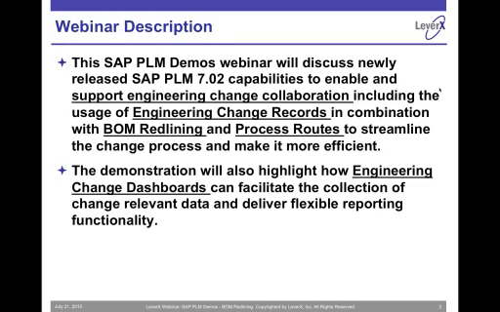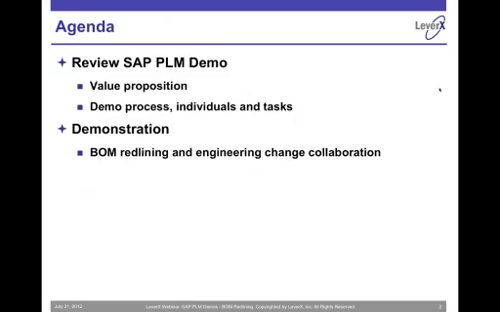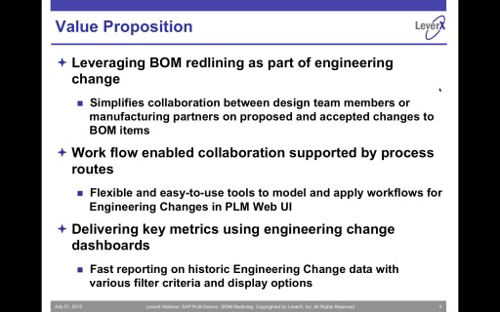These capabilities enable and support engineering change collaboration, including the usage of engineering change records, new in 701, in combination with BOM redlining and process routes to streamline the change process and make it more efficient. The demonstration will also highlight how engineering change dashboards can facilitate the collection of change-relevant data and deliver flexible reporting functionality. So as I mentioned, I'll briefly give a discussion of the demonstration, and then we'll pass over control to Vadim to give you a live demonstration of BOM redlining and engineering change collaboration.